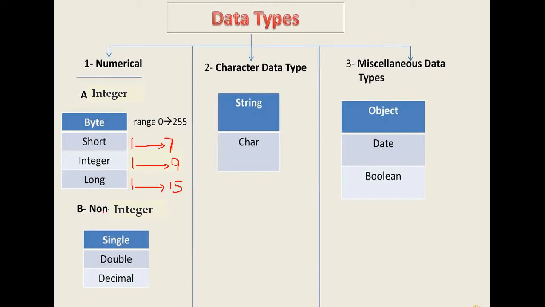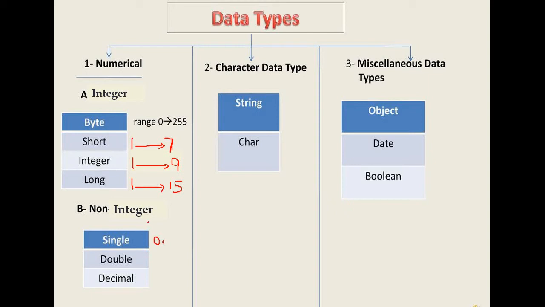What about the non-integer? As we can see, these numbers are whole numbers, but the non-integer are fractions or decimals. So I will deal with them, but after the decimal point, like that.